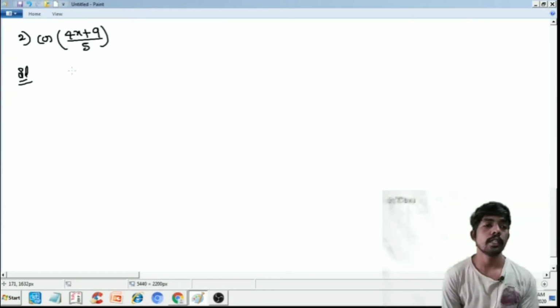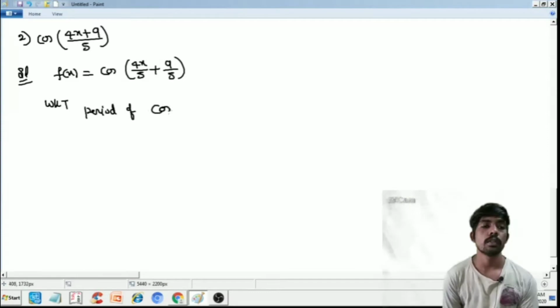In the next question, the given function f of x is equal to cos of 4x by 5 plus 9 by 5. So, we know that the period of cos of ax plus b is 2 pi by modulus a. So, use this.